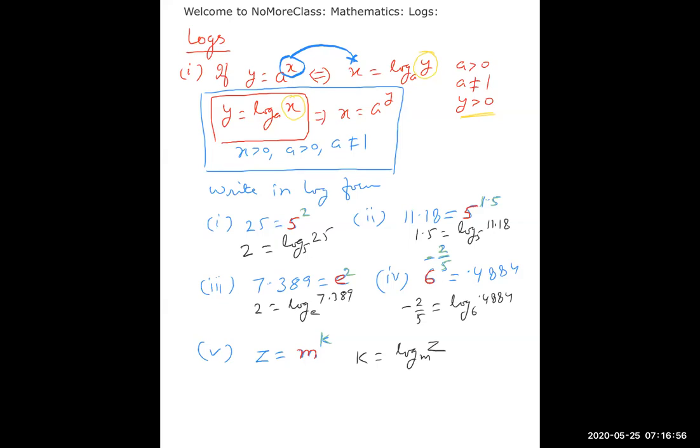Okay. So one thing you can observe, in this question, logs can be defined for a number between 0 and 1. So the only thing is they must be positive. Logs are defined for positive numbers. Next.